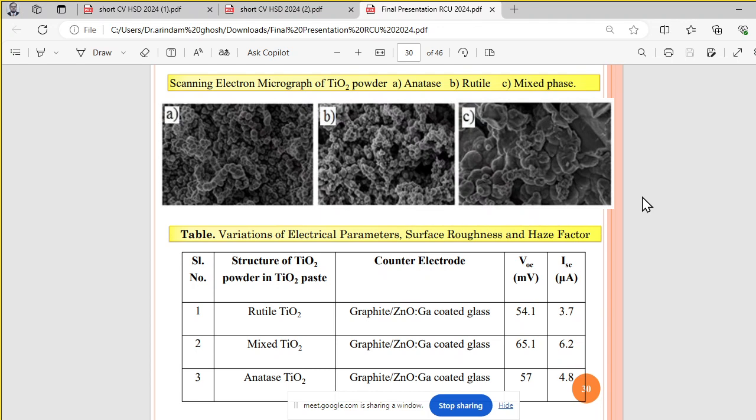So it is expected that the 101 and 200 anatase phases are mainly responsible for the significant enhancement of the performance of this photovoltaic cell. In the graphite, zinc, gallium doped zinc oxide counter electrode and mixed TiO2 based dye-sensitized solar cell structure, interfacial electron transfer occurs from the rutile phase to the anatase phase more efficiently.